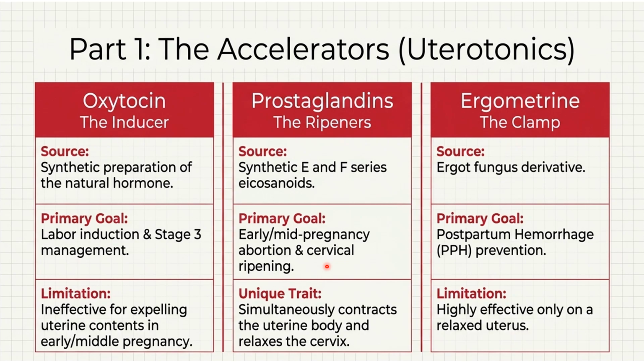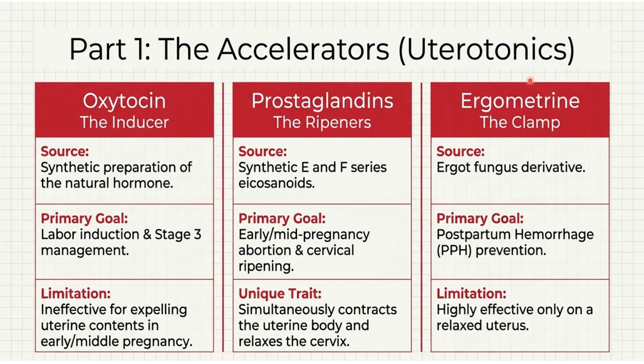But the unique trait is that it causes simultaneous contraction of the body of the uterus. At the same time, it relaxes the cervix. So this makes it important because it can stimulate the expulsion of uterine contents correctly.